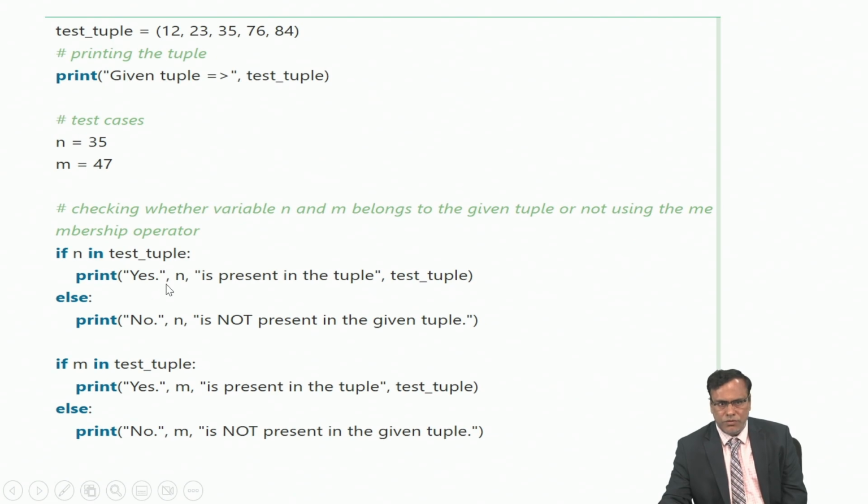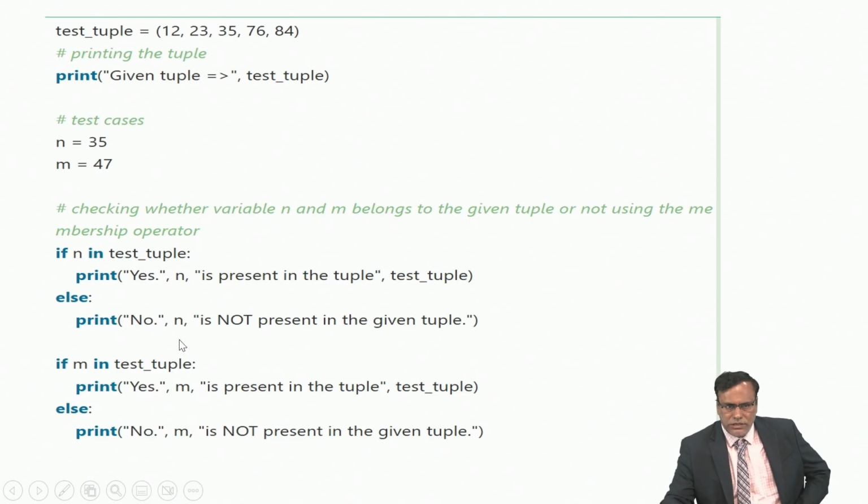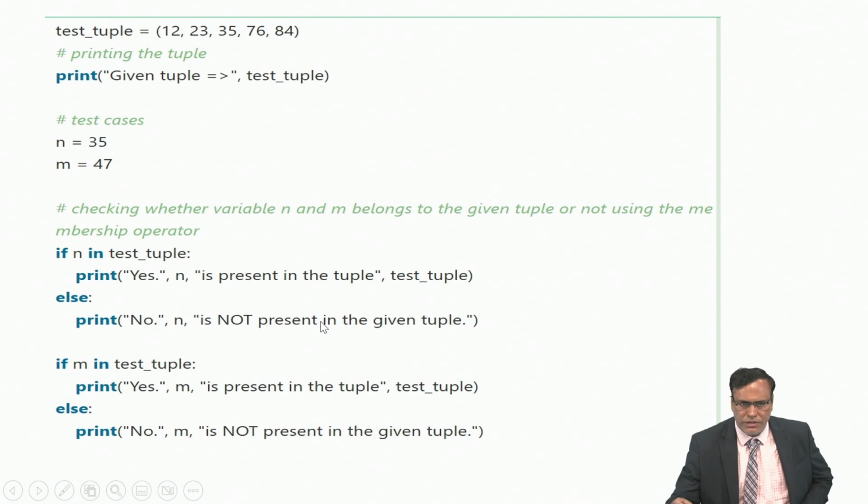Whatever message you give, that same message it is going to display. So this is n in, and if this condition is true, the statement followed by this if will be executed, otherwise the else case will be executed.